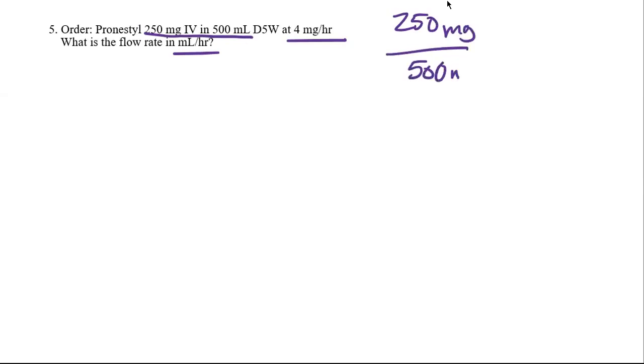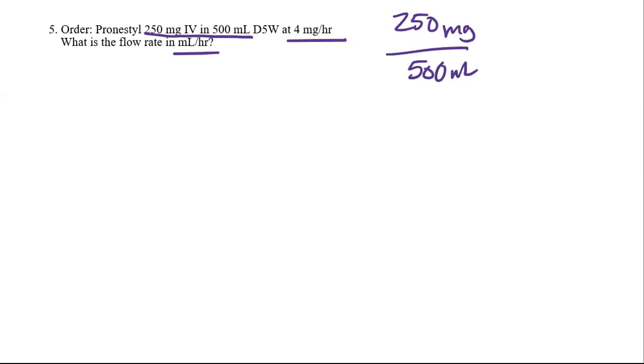The next one we're going to do is 250 and 500, and the rate is 4 milligrams per hour, and we want to know how many milliliters per hour we need to infuse. So let's take what we have here: 250 milligrams in 500 mLs.